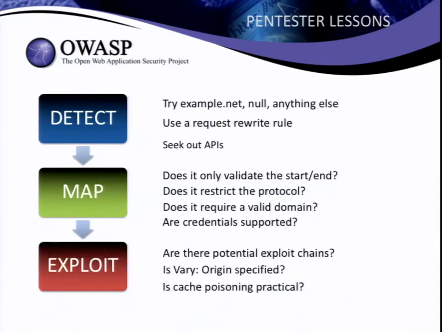So try the host name of the server, because servers tend to trust themselves, and also try null, and try any other origin that they may trust. If you like, you could do something like use a request rewrite rule to automatically inject the null origin onto all of your requests. Also, seek out APIs. I found that disproportionately APIs on websites have CORS turned on.